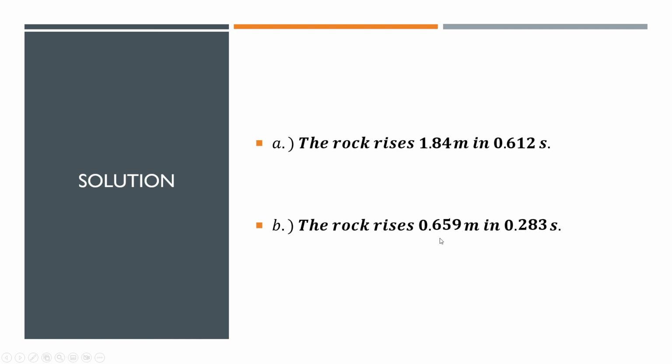The max height achieved by that rock, it's smaller by almost a factor of 3. And the time it takes to reach that height, well, that's smaller than the one from part A by about a factor of 2. So as you can see, there's some pretty stark differences between these two situations. And hopefully this illustrates why we need to consider fluid resistance when calculating things in the real world.